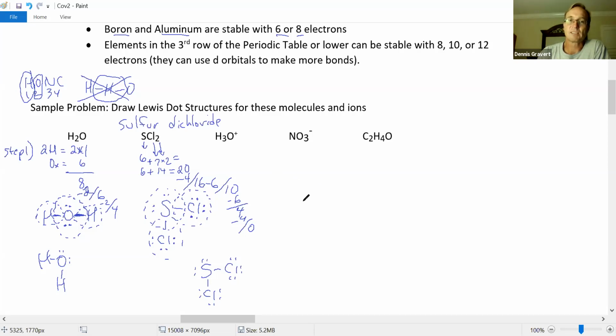All right, let's squeeze in the hydronium ion. That's one of our polyatomic ions, right? Draw that over here. Okay, hydrogen is in column 1. It has 1 dot for every hydrogen, 1 electron. There are 3 of them. Oxygen is in column 6A.